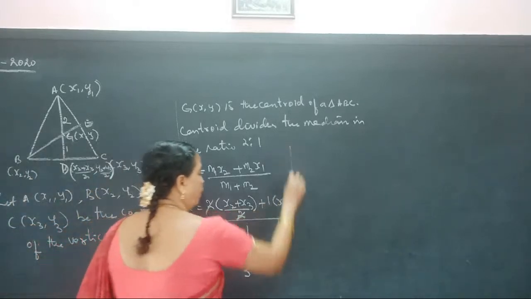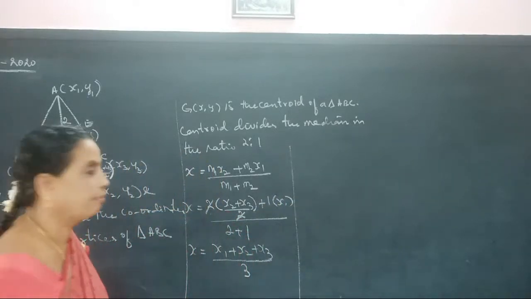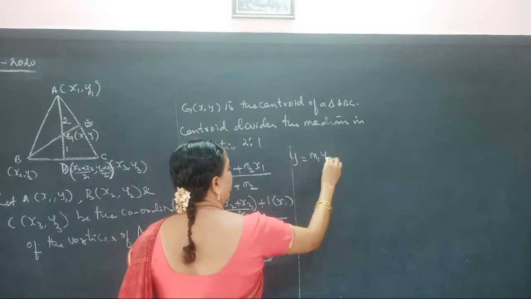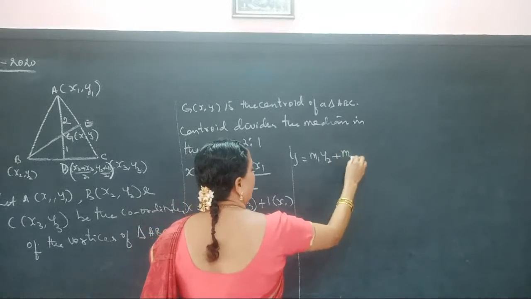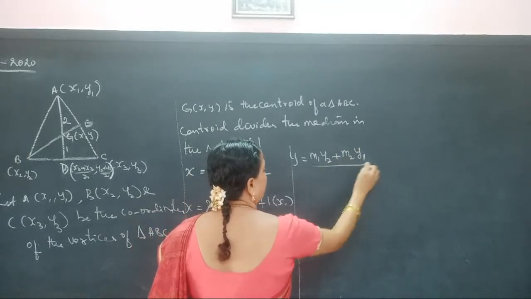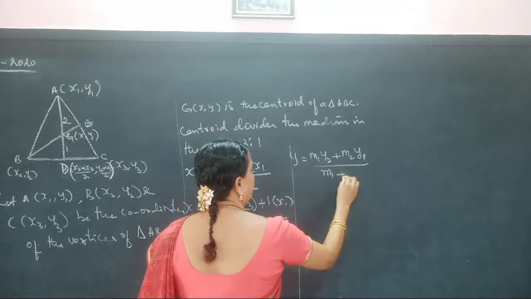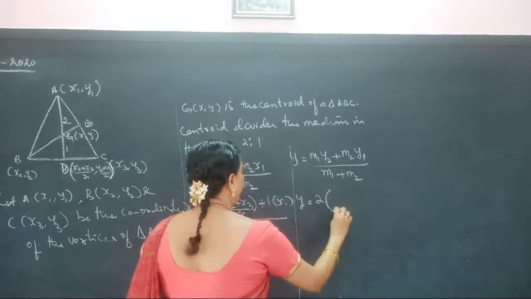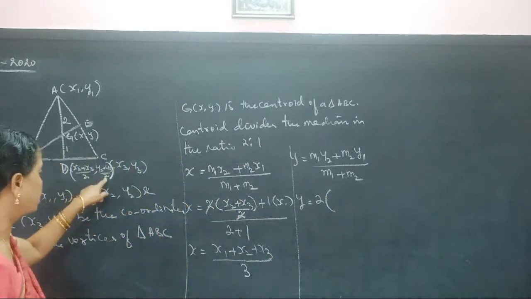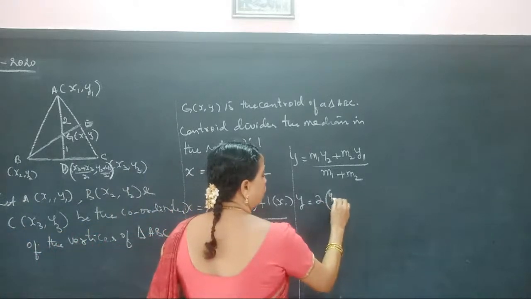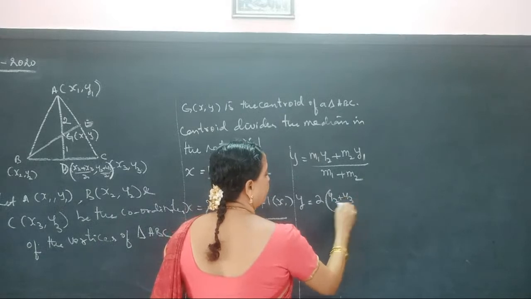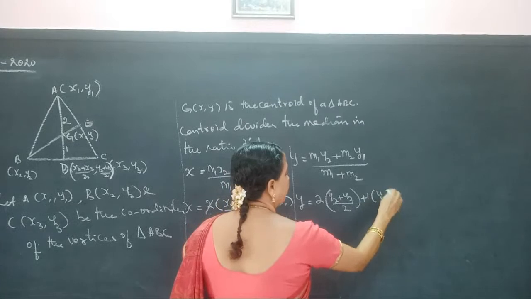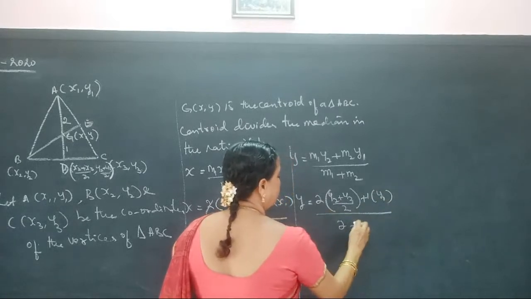Similarly, we can find the value of y, that is y equals m1 y2 plus m2 y1 by m1 plus m2. Y equals 2 into, we have y2 as y2 plus y3 by 2, plus 1 into y1, by 2 plus 1.